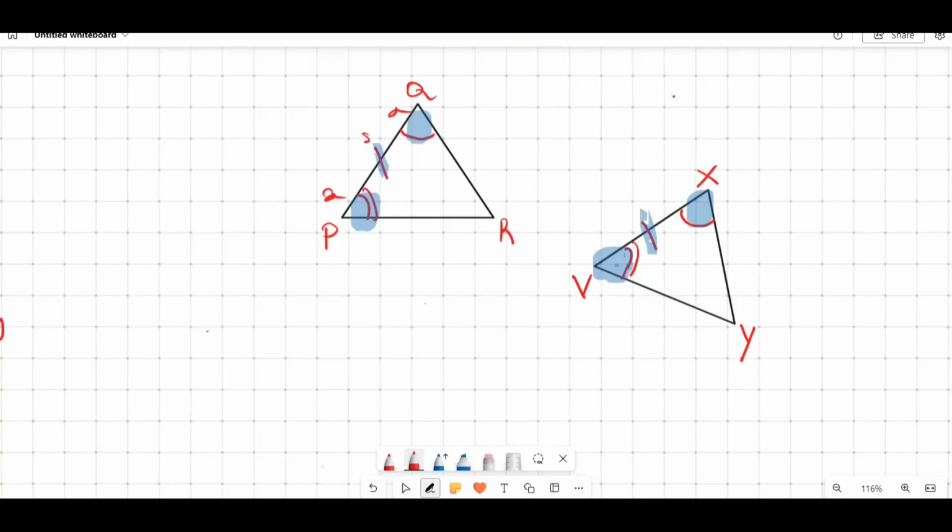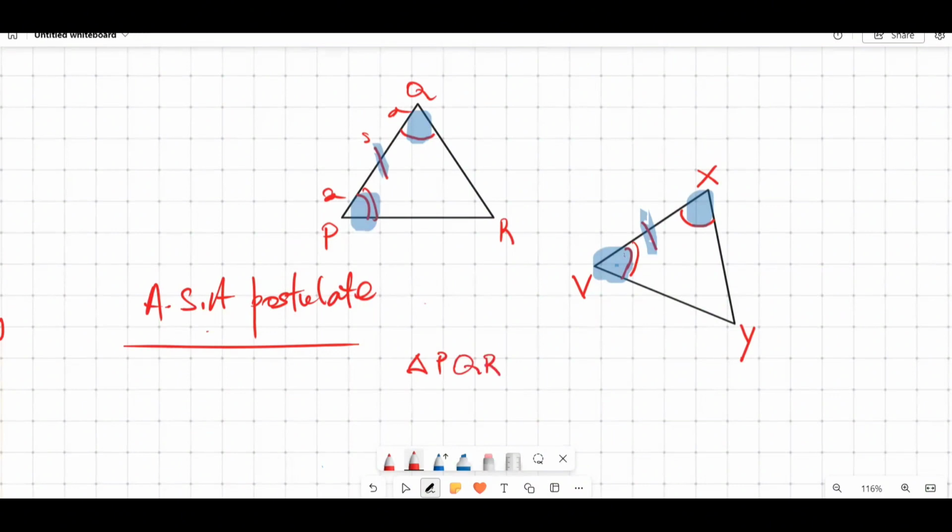So in this one, we have angle, side, angle. This postulate is the ASA, the angle, side, angle postulate. This triangle PQR is congruent to the triangle VXY.